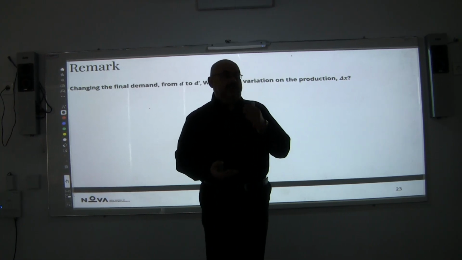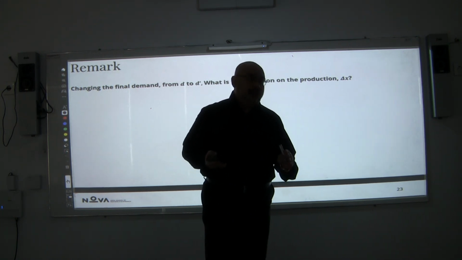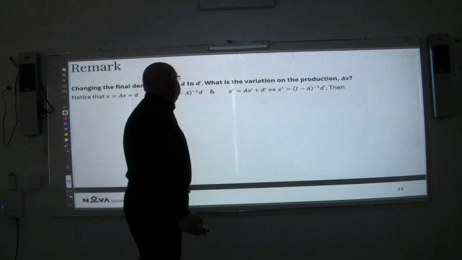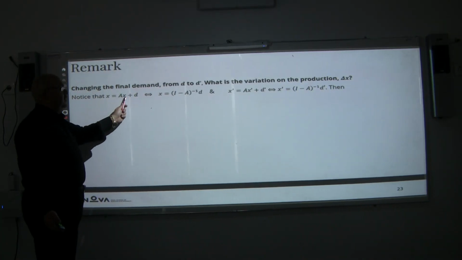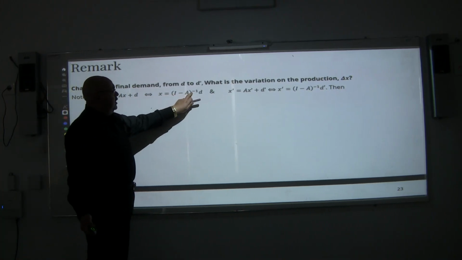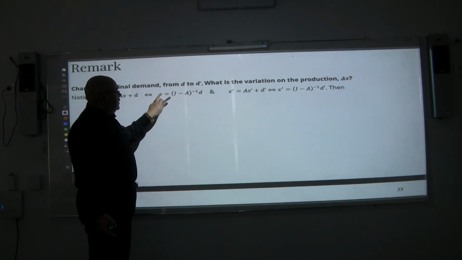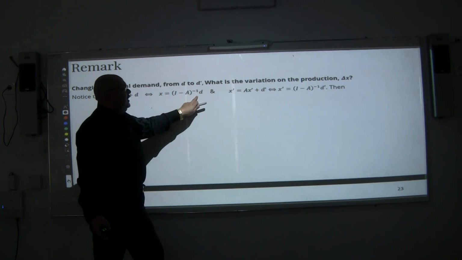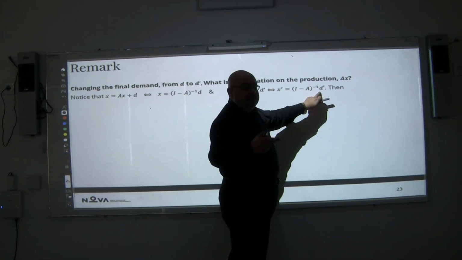If I'm changing the final demand from D to D dash, how is it going to affect the production? Mainly I have X equal to AX plus D. If I want to get X, it's going to be (I minus A) to the power of negative 1, which is the inverse Leontief matrix, times D. This is X relative to D, and that's X dash relative to D dash.